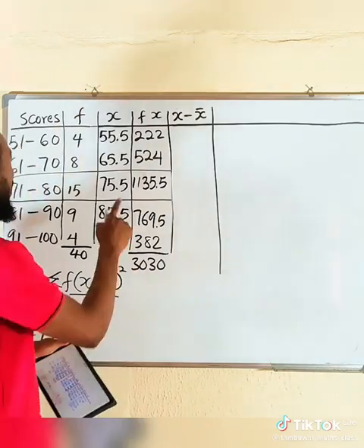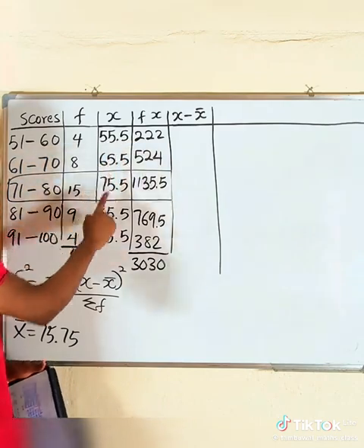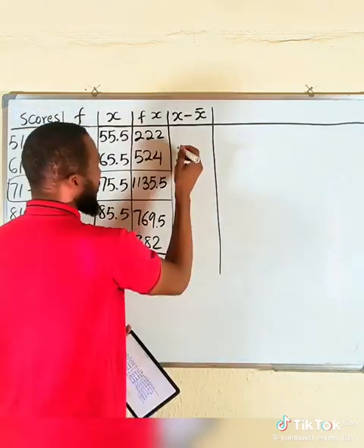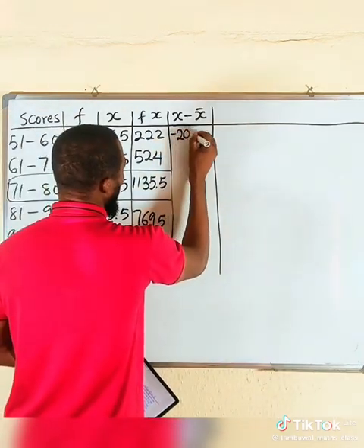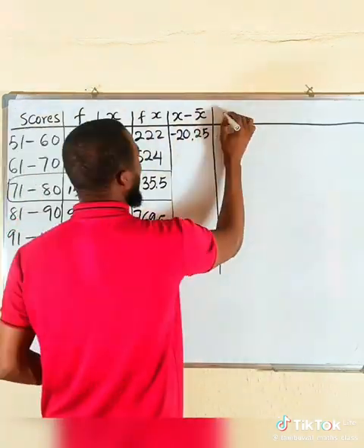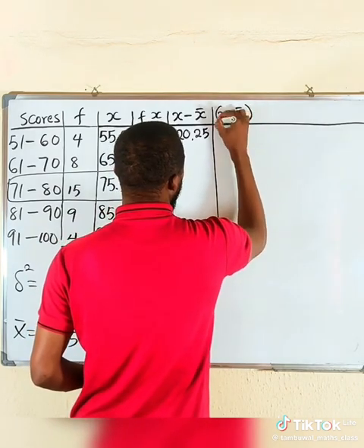X minus x bar, I have all of them here already, so let me just read them out. You take x, which is the first one, 55.5, you subtract this number here. This is going to give us negative 20.25. Yes, this is what we have. Then the next one is going to be x minus x bar squared, right?